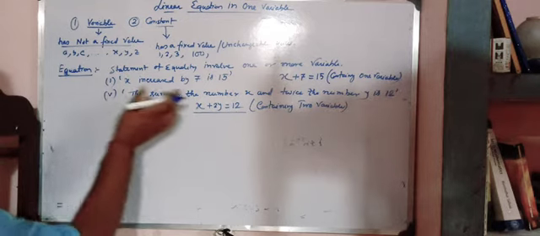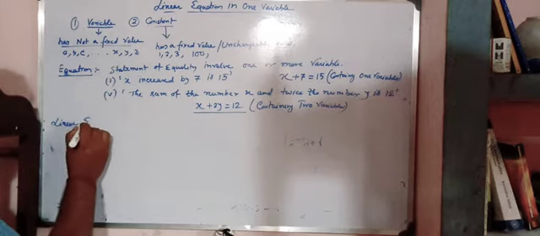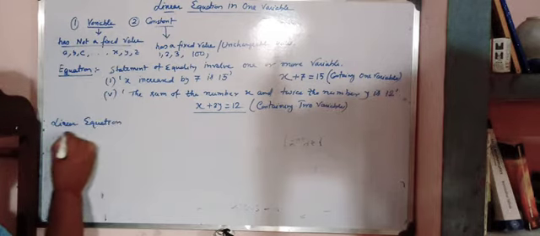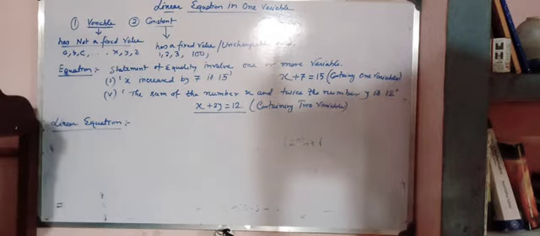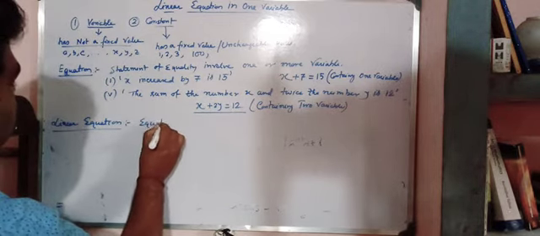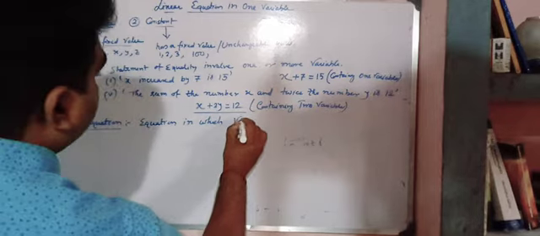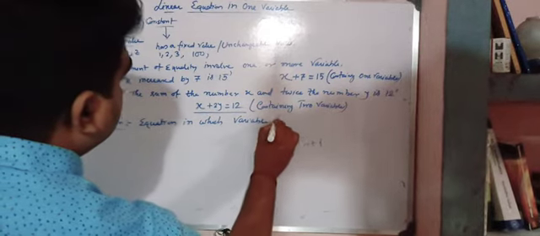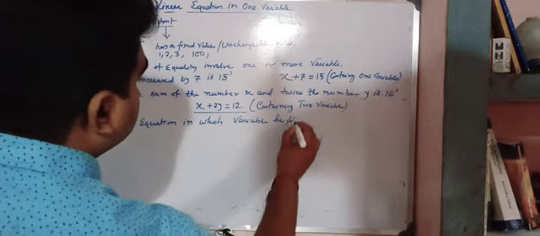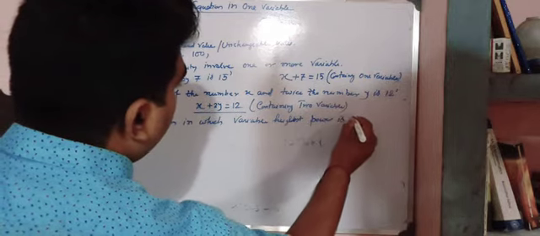Linear equation we have done. Next, a linear equation is an equation in which the highest power of the variable is 1.